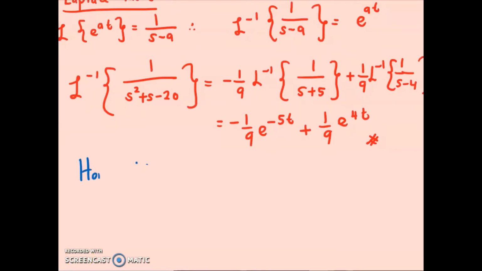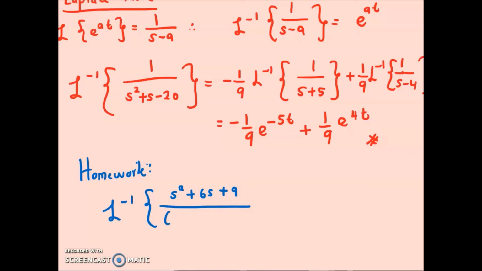So let me give you homework for today. Find the inverse Laplace transform of 1 over s squared plus 6s plus 9 over s minus 1, s minus 2, s plus 4.